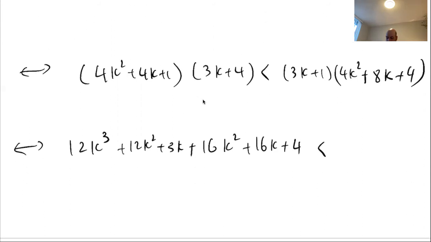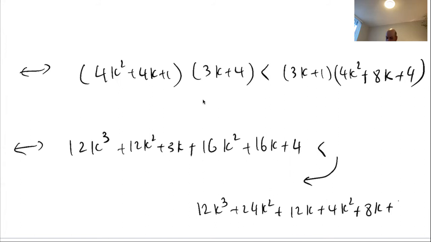And the other side becomes, I don't have enough space, so let's write here, 12k cubed plus 24k squared plus 12k, 4k squared, 8k, 4.